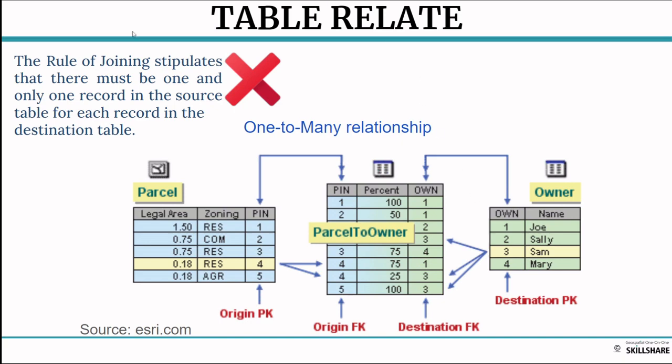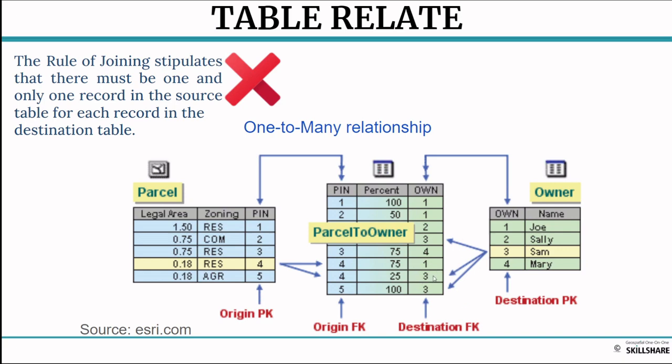And so this rule that we have here doesn't work. And so we are looking at it from a one-to-many relationship. We are saying that the source table has one record, but that one record is not just linked to one record in the table, it's actually linked to multiple records in the destination table.